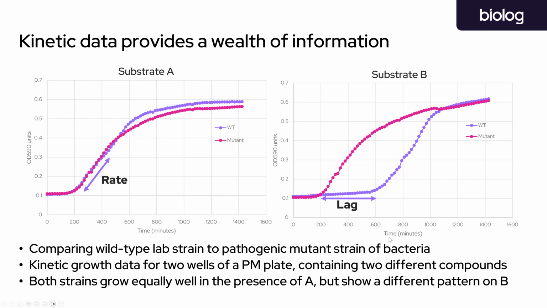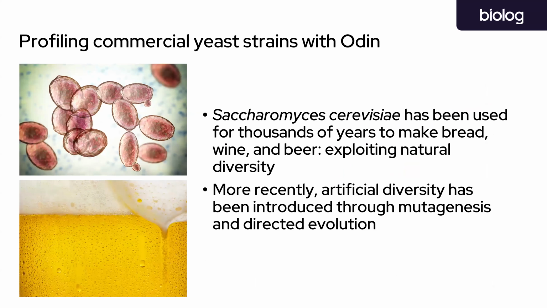And so to show you how this type of data can be used in a really practical way, I'm going to turn to the budding yeast, Saccharomyces cerevisiae. And so you probably know this has been used for thousands of years by people to make bread and wine and beer and all kinds of delicious things. And so over time, we've exploited this natural diversity in different isolates of the same species to be able to find ones that make the most delicious beer, for example.